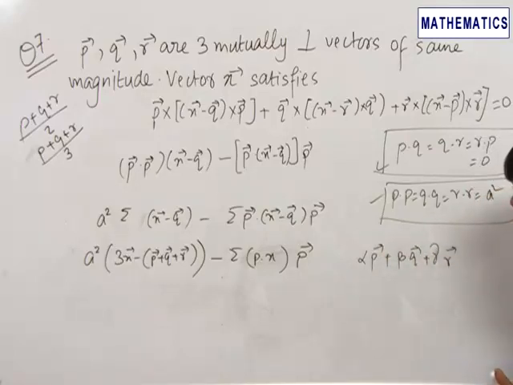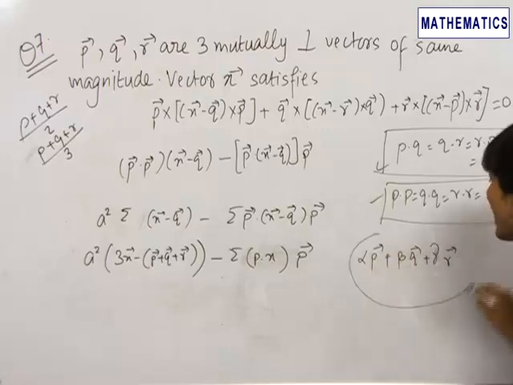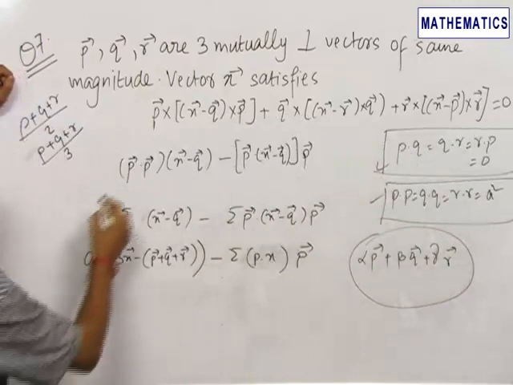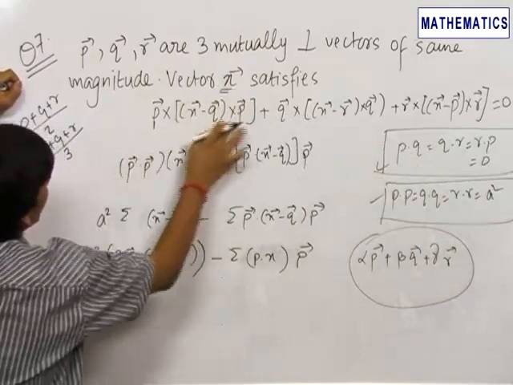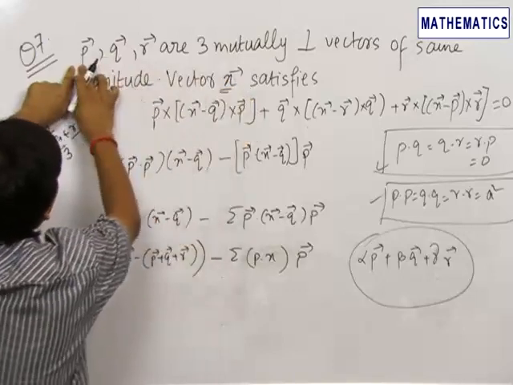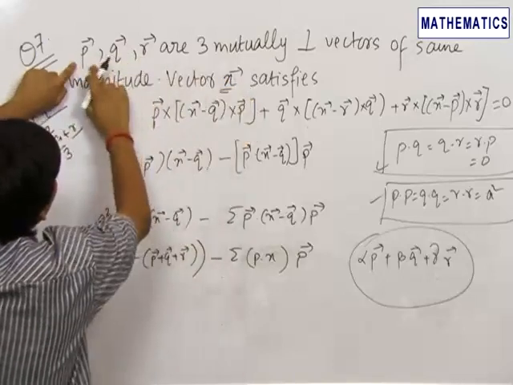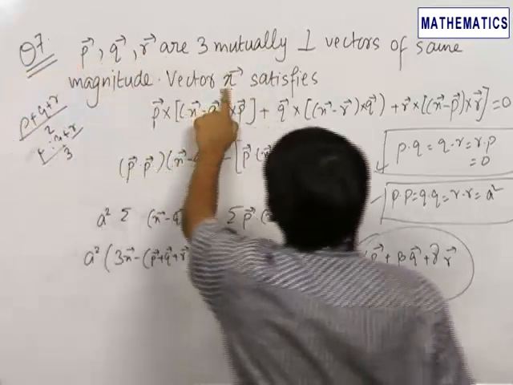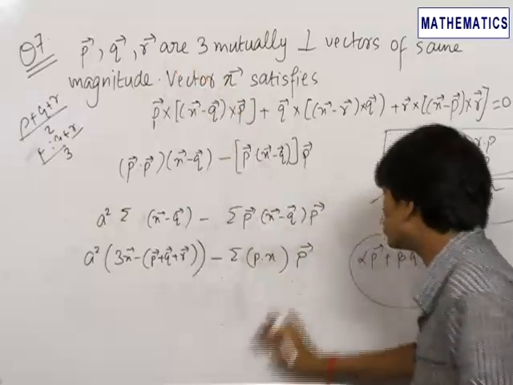Now looking at this, something should strike you, and that is, since this vector is a vector in 3 dimensions, it can be represented as a summation of these 3 vectors, because these 3 vectors are 3 mutually perpendicular vectors. Now any vector x vector can be represented as a summation of 3 mutually perpendicular vectors.